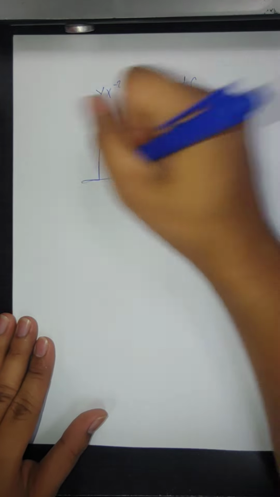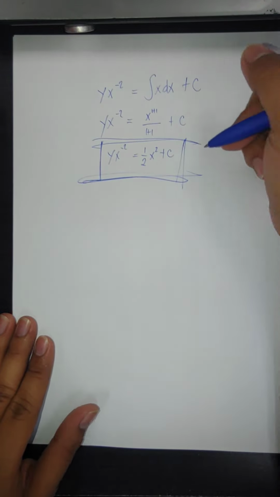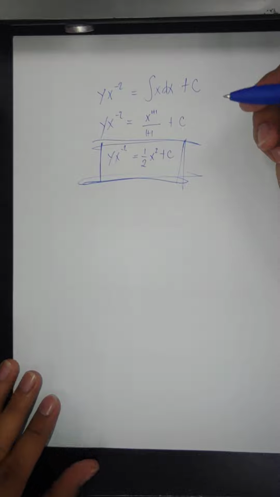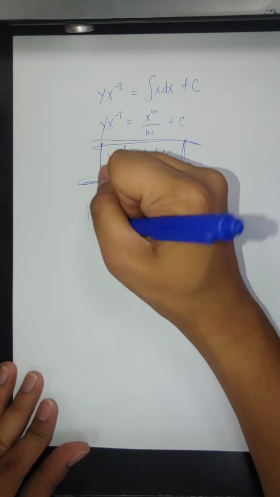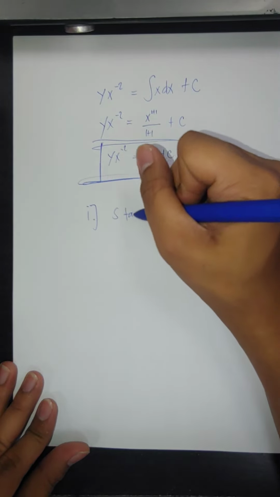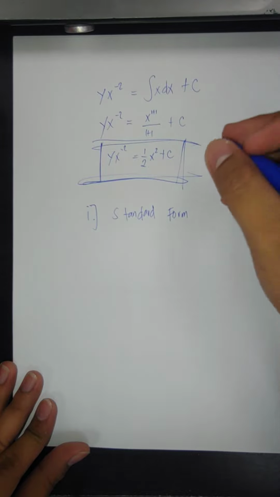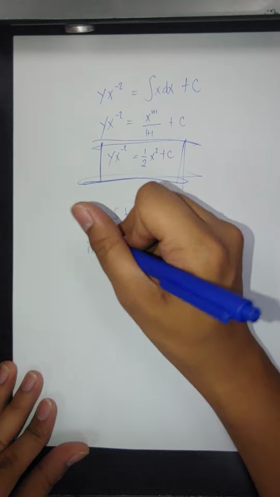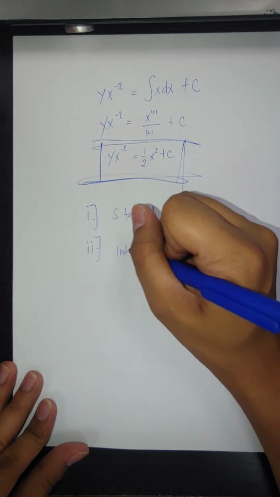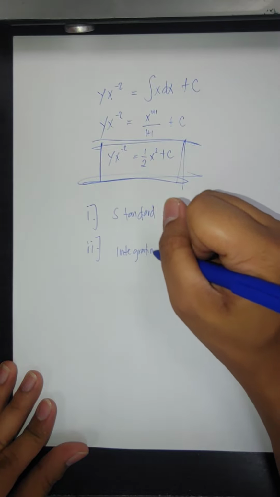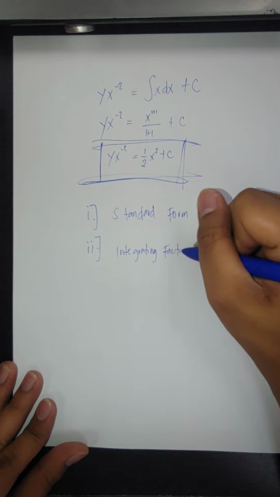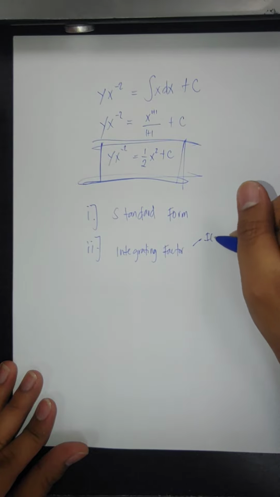So this is our general solution for sample problem number 1. Make sure of the steps: first, write the equation into standard form. Next, get the integrating factor, I of x or I of y, depending on the equation.